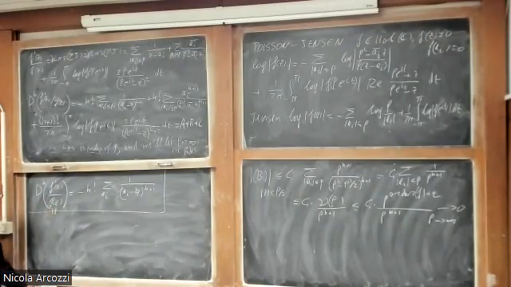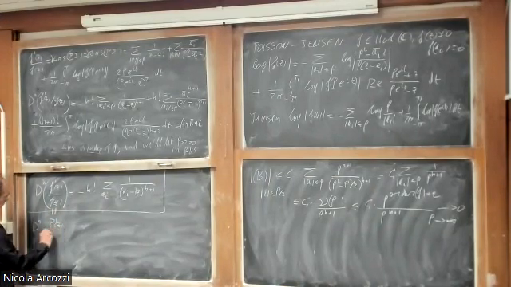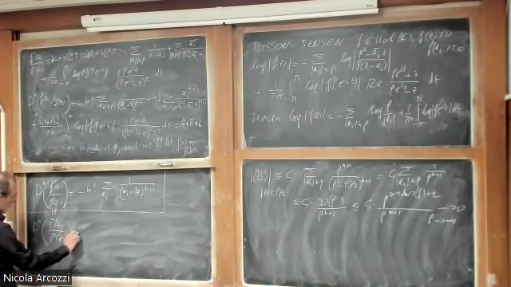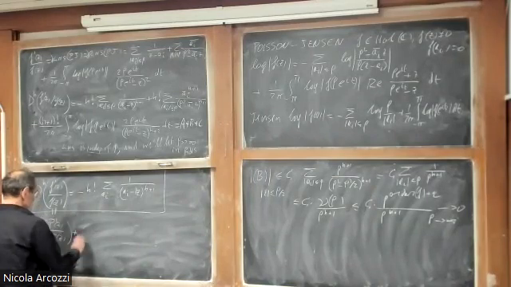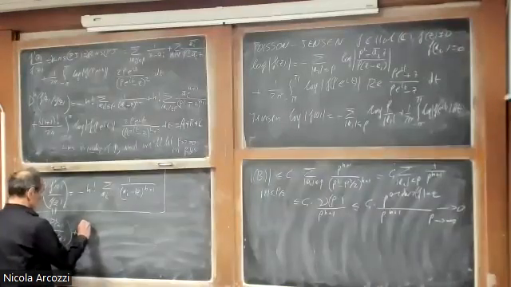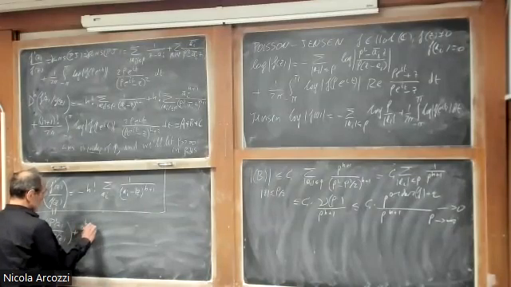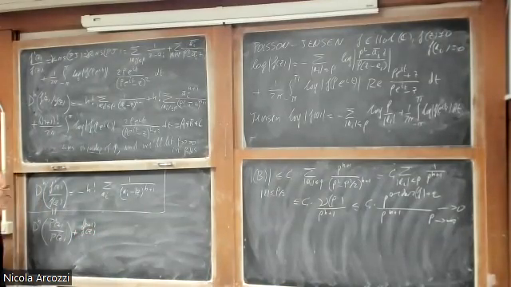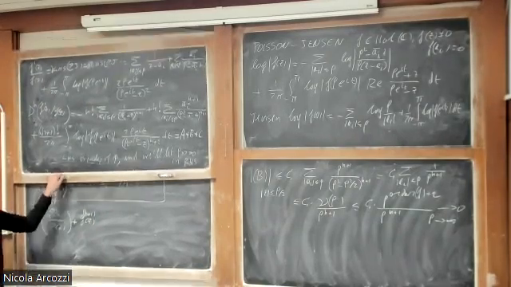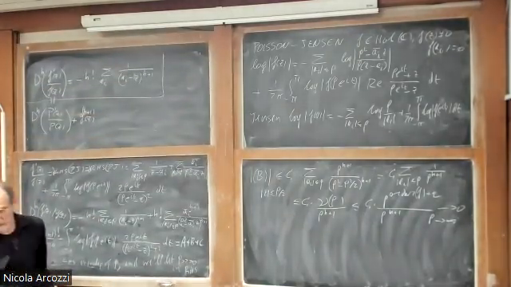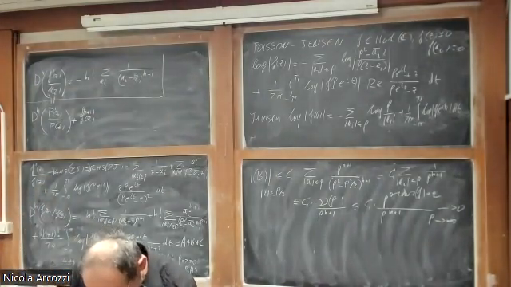This quantity here is also equal to the h derivative of f prime over f, plus the h plus 1 derivative of that. That's where we are at this moment, and we are pretty much finished.